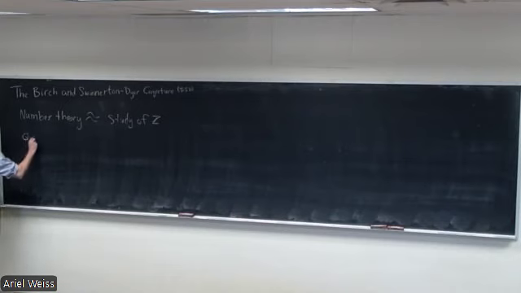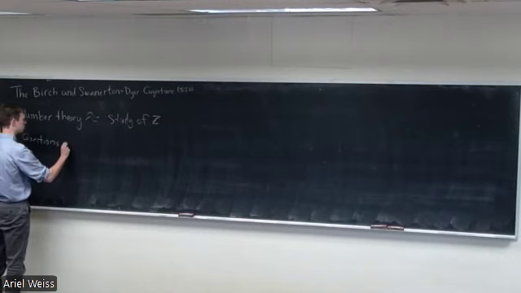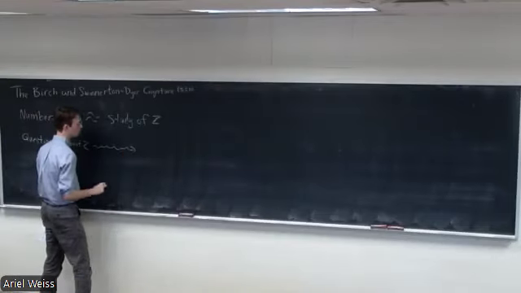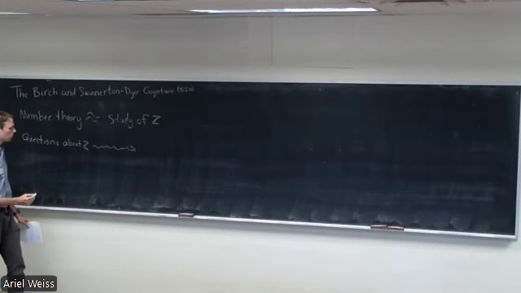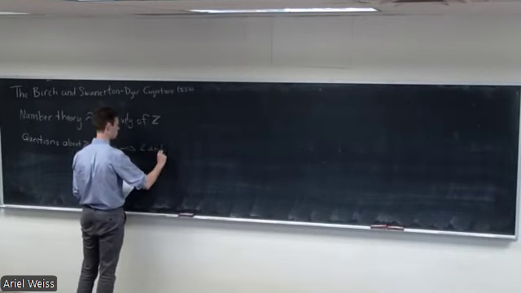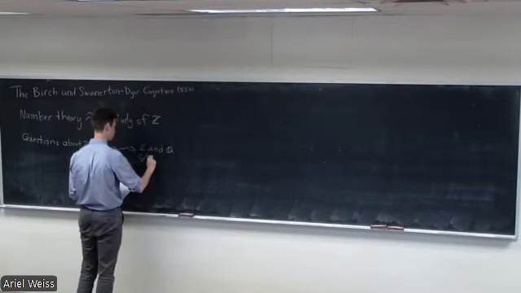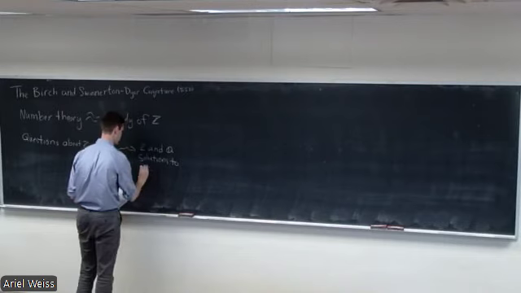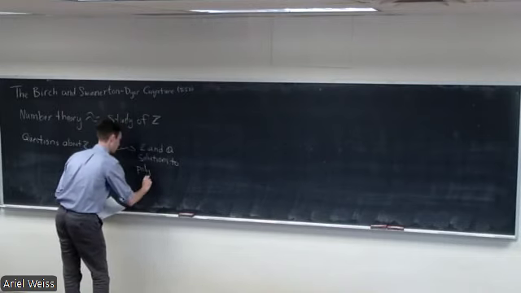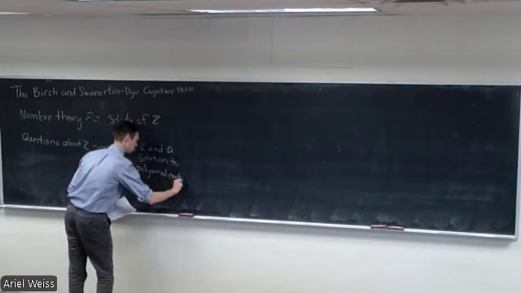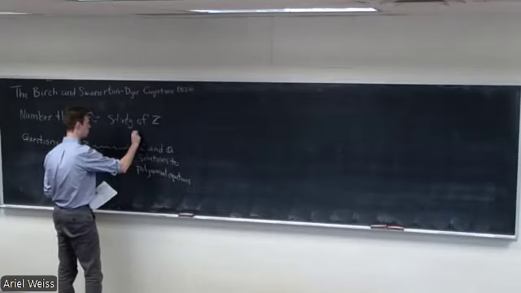The first thing I'd like to point out is that questions about integers can often be transformed into questions about solutions to polynomial equations. These are often called Diophantine equations.